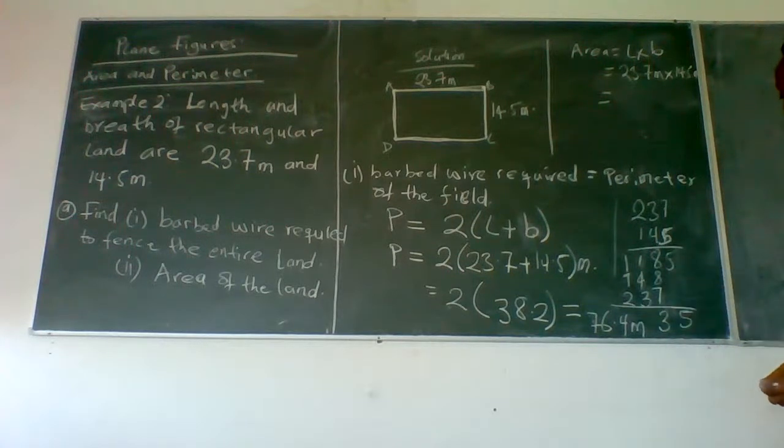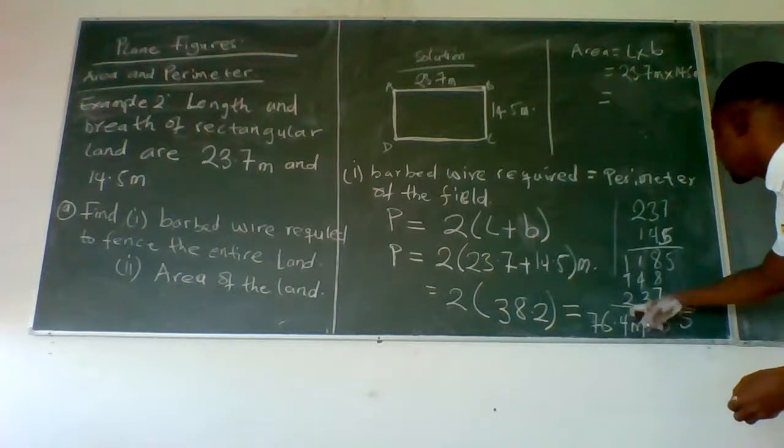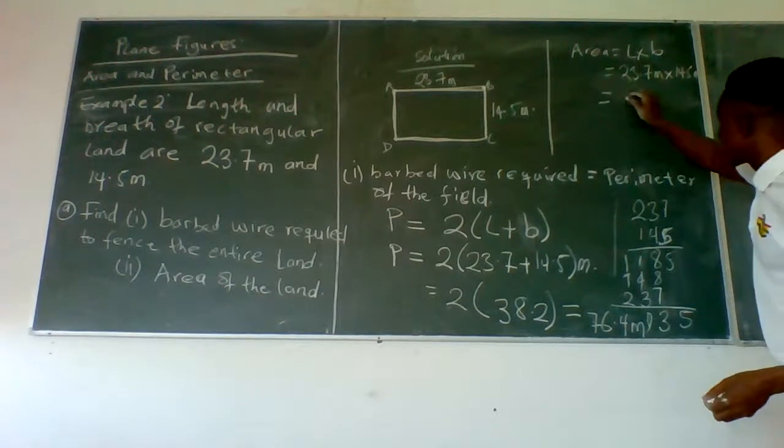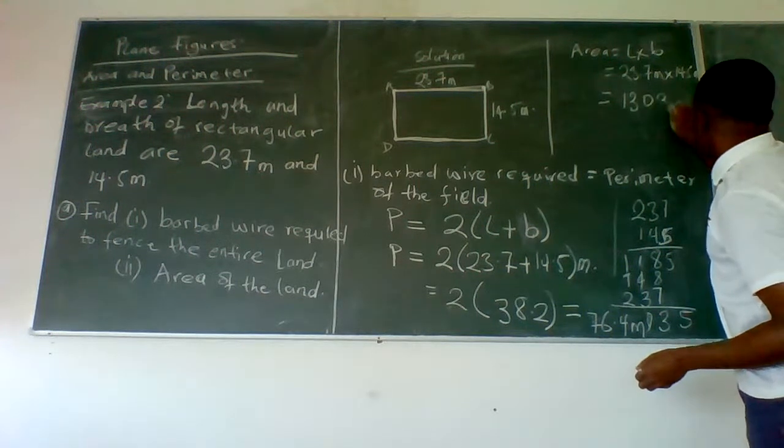This plus this is 5, plus this 8, plus 2, which is 10, 0. Then this one, 10, 12, 13. So at the end of the day, you have 13, 0, 3, 5.